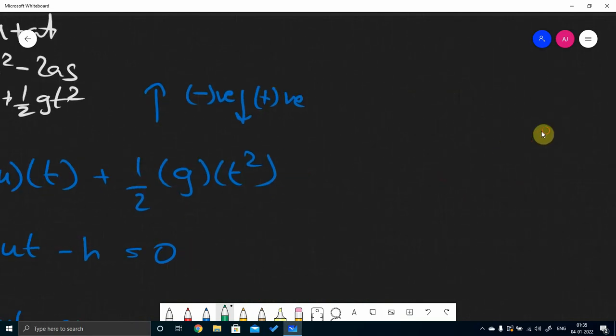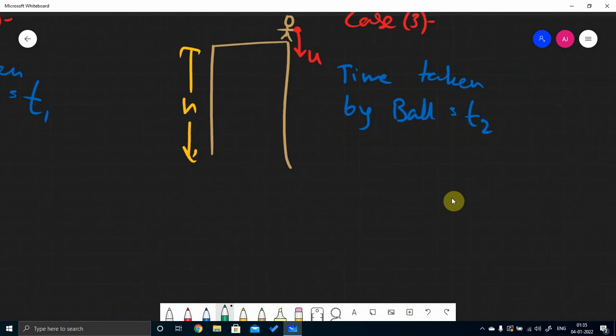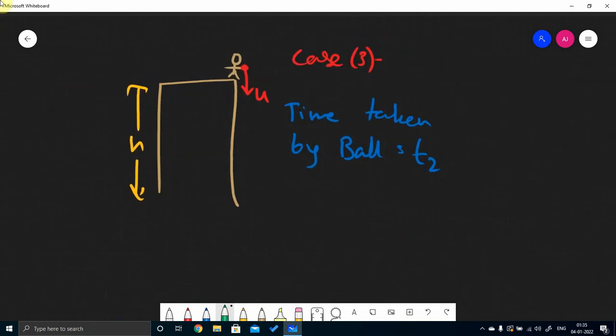Alright, now where is t2? This is where we calculate t2. So what we are going to do is we'll directly hop on, and we can write h is equal to, we're taking down as positive, so h is equal to ut plus half gt square.